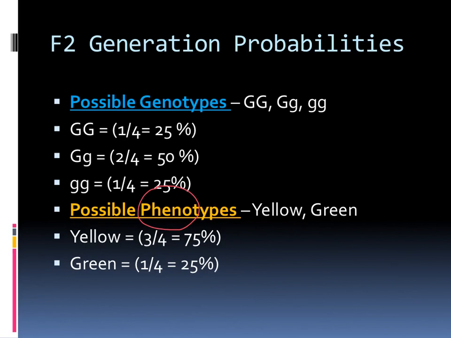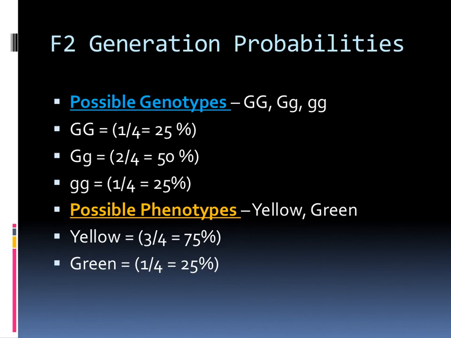Big G, little g shows up 2 out of 4 or 50%. And little g, little g shows up 1 out of 4 or 25%. Again, for every single F2 generation, these are the same exact results that you should get because you should have set them up in the same way because you follow the same rules. The phenotypes, yellow shows up 3 out of 4 times, which is 75%, and green, 1 out of 4, 25%.